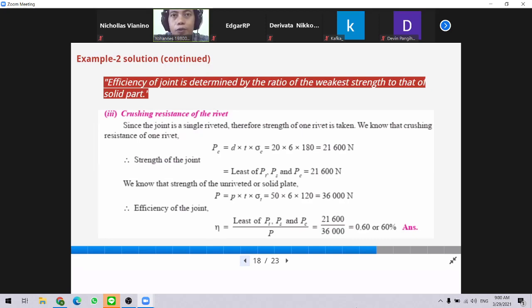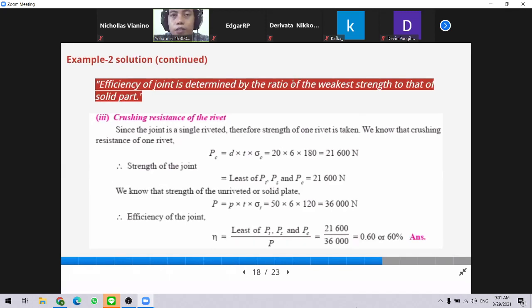So the structure will be more dense. So if we compare the weight between the first and the second joint type, the second joint type is much higher in weight, and the first joint we can say is lighter.